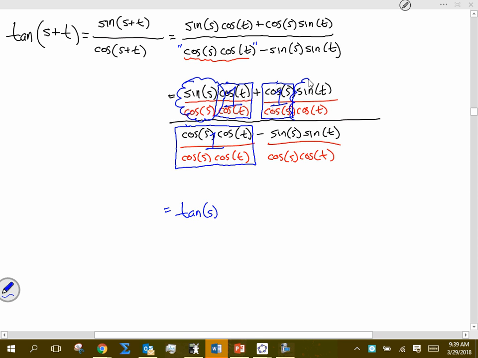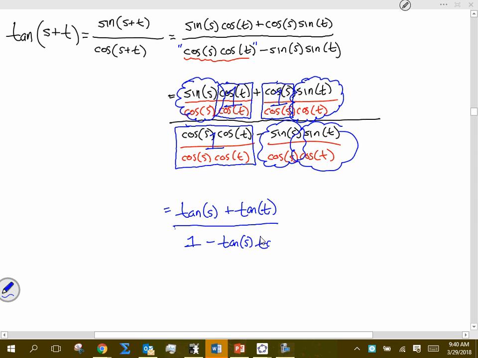What does that become? Tangent of T. We now have a 1 here. Now these 1s got multiplied through by a tangent S and a tangent T, right? But this is a complete term, nothing left over to multiply, so it is 1. What does this thing here become? Tangent. It was a minus sign here. What does this last one become? Tangent T. So now we have tangent of S plus T.